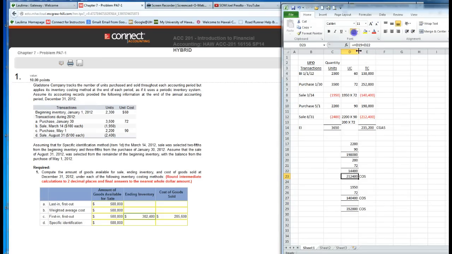And let's date this as the 8/1 sale, and this one as the 3/14 sale. And so this would be the total cost of sales.